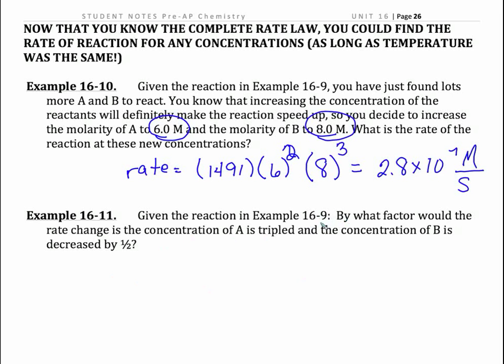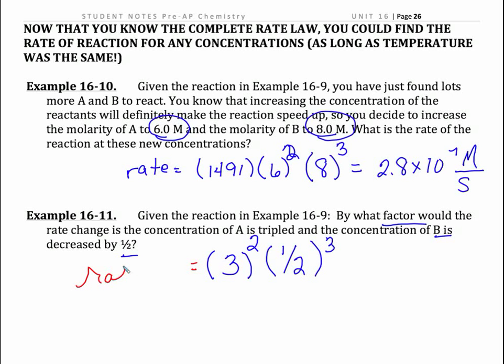Okay. Now, let's take a look at the same example. Let's simply look at the factor by which things would be changed. If A is tripled, we put a 3 inside, and then we raise it to the order. Concentration of B is decreased by a half, so we put a 1/2, and we raise it to its power.